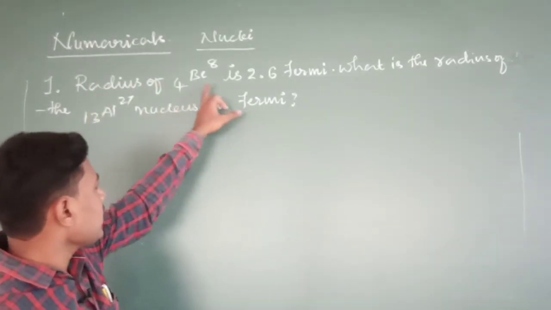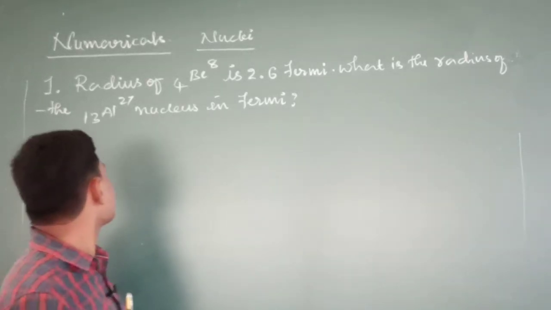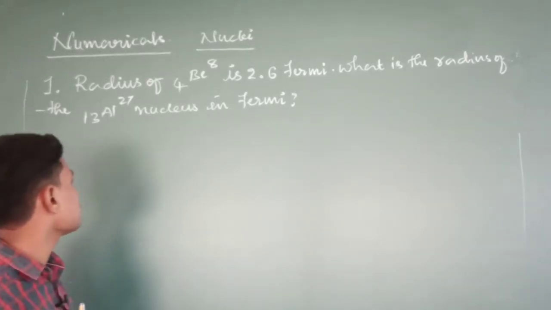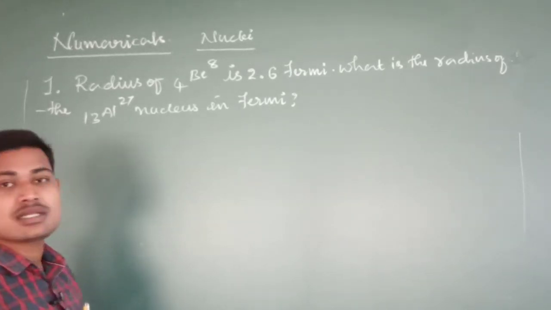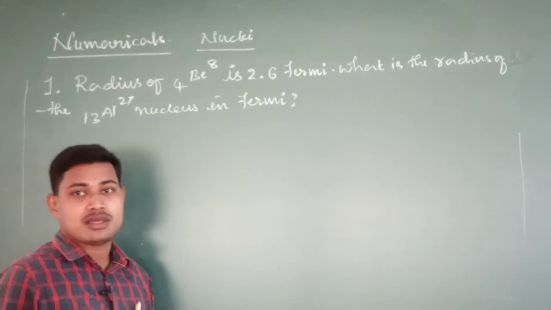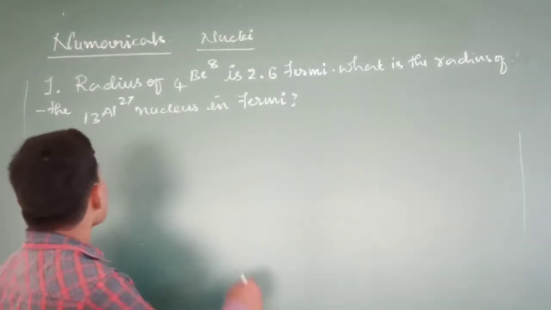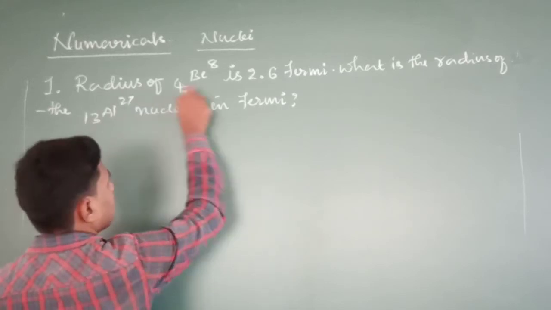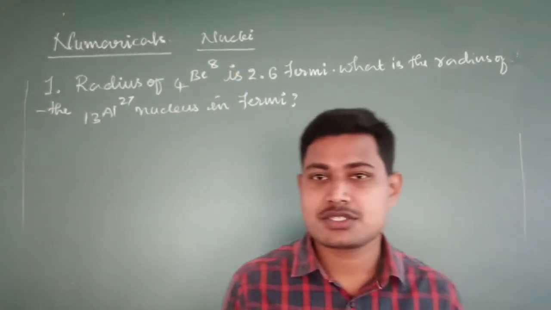Radius of beryllium is 2.6 Fermi. What is the radius of 13 aluminum 27, where 13 is the atomic number and 27 is the mass number of the aluminum? So how to find this? You know that there is a relation between the mass number and the radius.